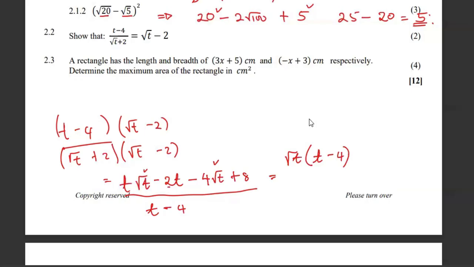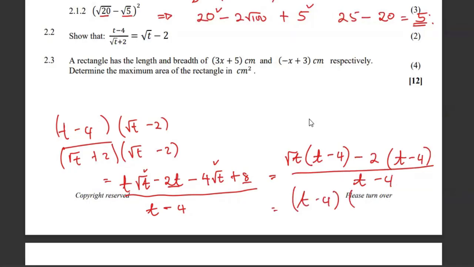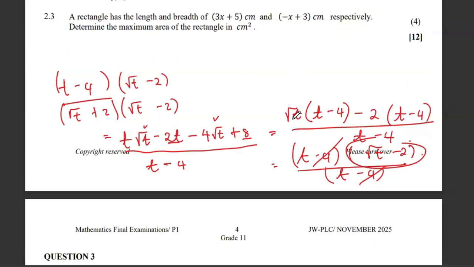And then this one and that, I'll take out the minus 2 into a t minus 4. Everything is over t minus 4. Then take out the t minus 4, I'll be left with root t minus 2 over t minus 4. So this cancels that, and then that is what they wanted, to rationalize. And then 2.3.